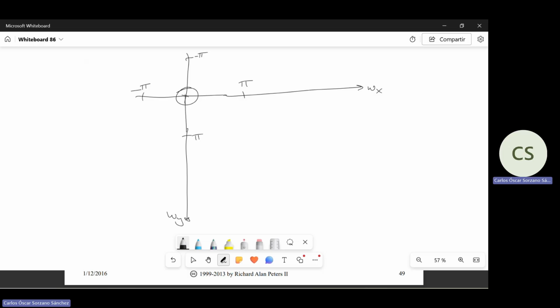So at 2 pi, we have the same spectrum. And at minus 2 pi, we have the same spectrum. And here also we have the same spectrum as there. But this is periodic everywhere.